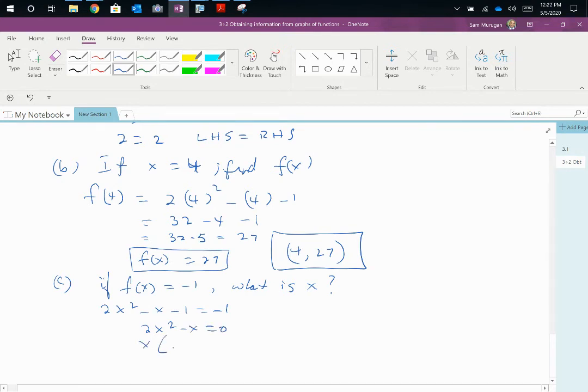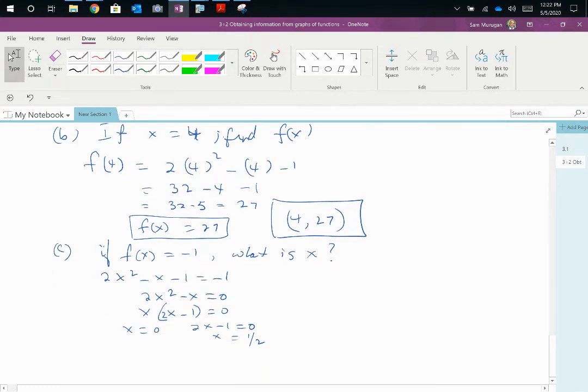And do a bit of factoring here. We've got x times 2x minus 1 is equal to 0. So x is equal to 0, and 2x minus 1 is equal to 0, so x is equal to 1/2. So we've got two values for x. And remember, this is a U-shaped graph, right?